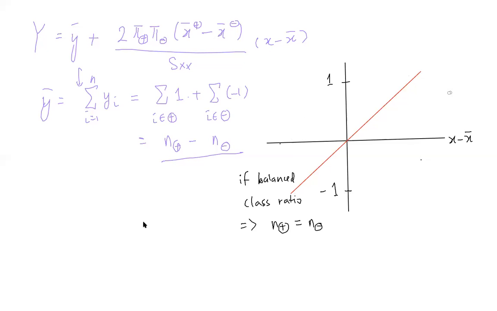If it's unbalanced, for example, suppose your n plus is much larger than your n minus, then basically this will be close to, so your y bar maybe, you get something like this.